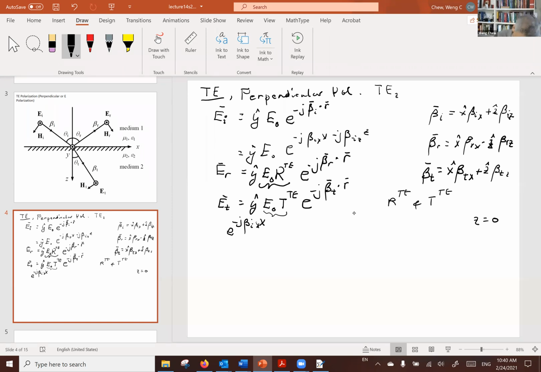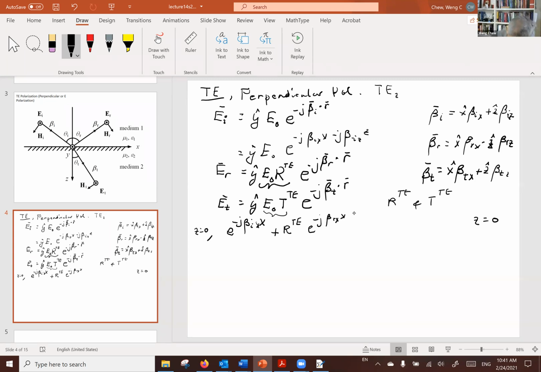And then I have to add in the reflected wave. I do the same thing to what I have in the exponent there. And again, because I set z equal to 0, this component disappears. So if I add the first two waves, EI and ER, and then set z equal to 0, I get this to be the tangential component of the electric field in medium 1.